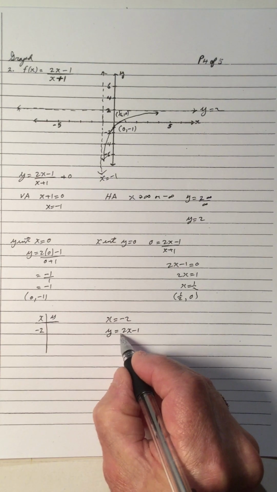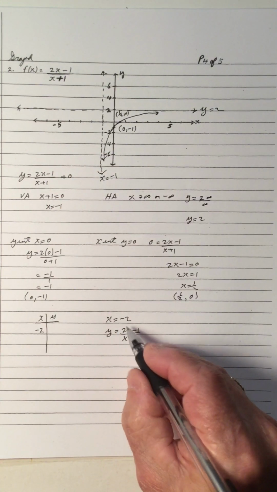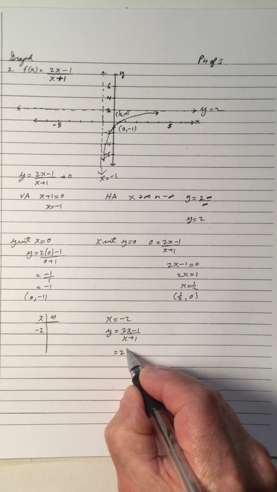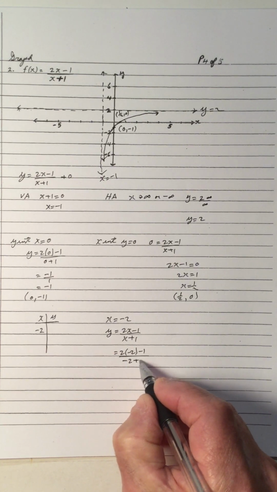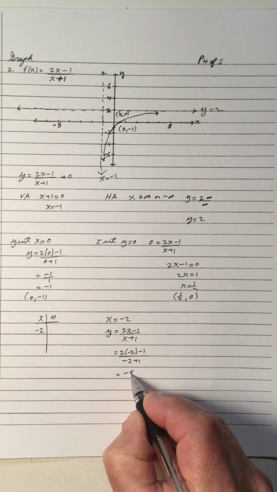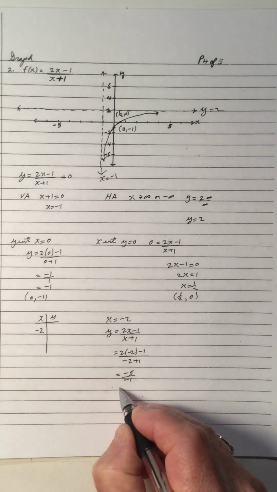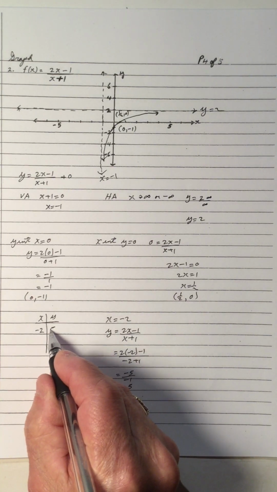So 2 times -2 minus 1, over -2 plus 1. That's -4 minus 1 is -5, over -1. So that's a 5.